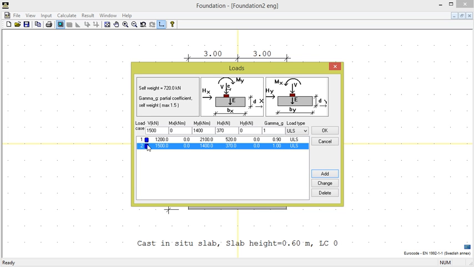In load case 3, the vertical force is 1000 kN. My is 1250. Hx is 350. Gamma G is 1.0, and it is an SLS load case, serviceability limit state.